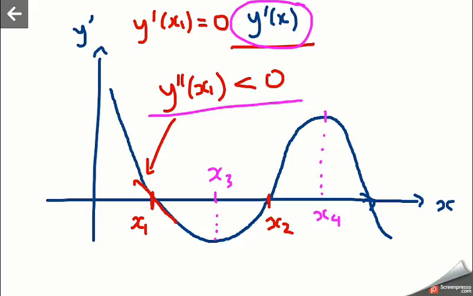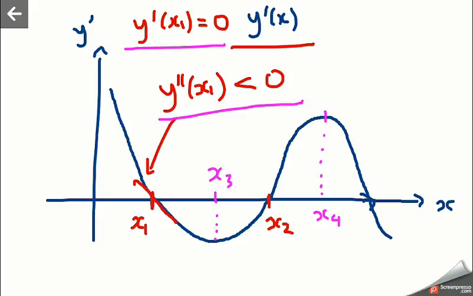So if we differentiate y prime of x, we get y prime prime of x. Now in this situation where y prime of x1 equals 0 and y prime prime of x1 is less than 0, this must mean that x1 is a local maximum.